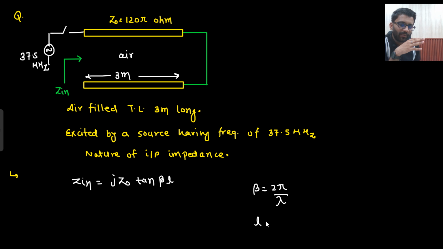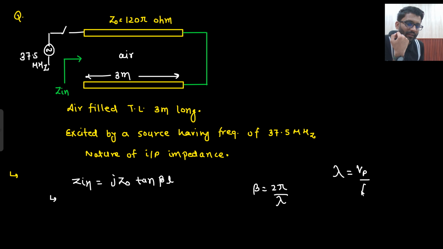So what I'm going to do is calculate the length in terms of lambda. Why is that so? Because if my length is in terms of lambda, then I know the standard results. So always my target would be to find the length in terms of lambda. So the first target is to find the lambda value. How will I find lambda? Lambda will be Vp by f.